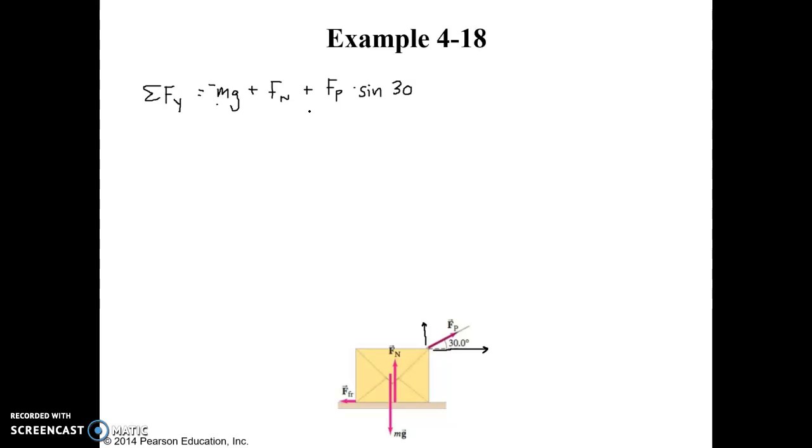Now, we can assume that the force that we're applying here, this diagonal force, is not so great that we're going to actually lift the box up off of the ground. So we can assume that there is no vertical acceleration. It's mass times acceleration, and the acceleration in the vertical direction is 0. So what we're saying is these three forces are going to cancel each other out and all equal 0.